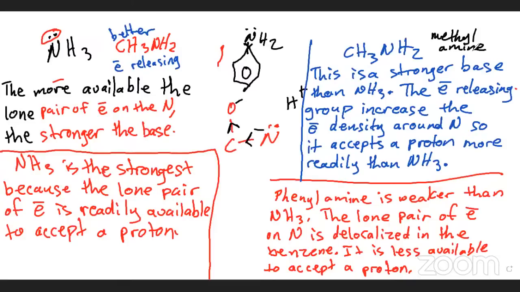So the electron density on nitrogen here, it is higher than this one. Once it is higher, it takes up the proton easier. All right. So for bases, the higher the electron density or the more available the lone pair of electrons is, the stronger the base. All right.